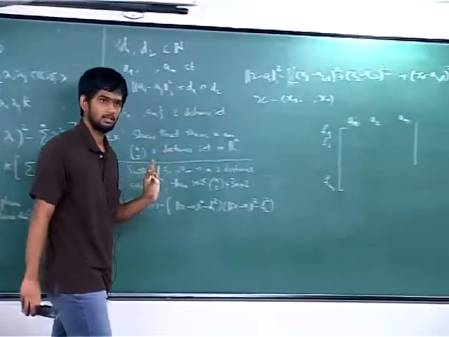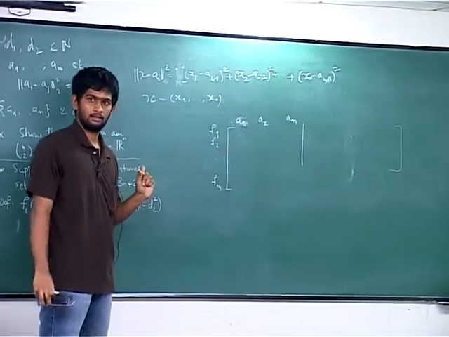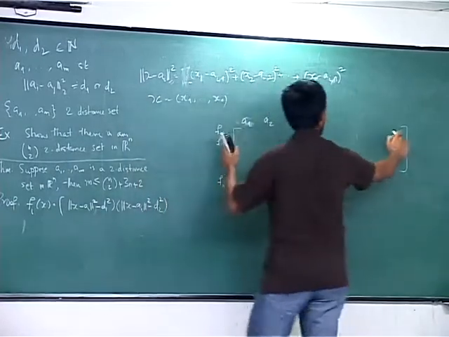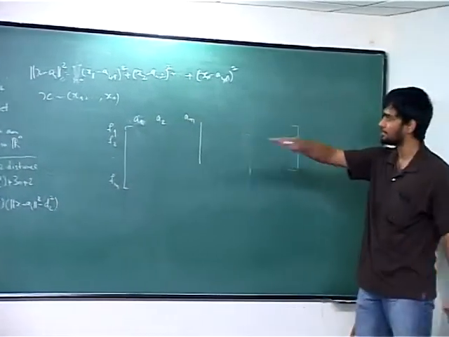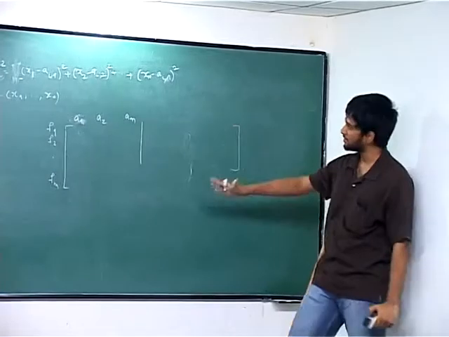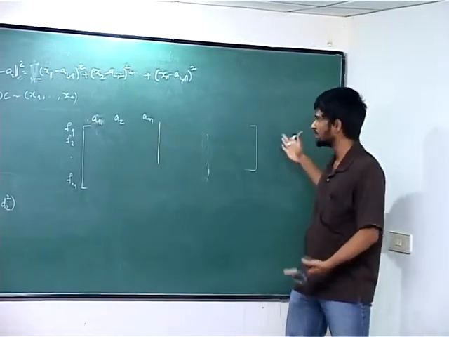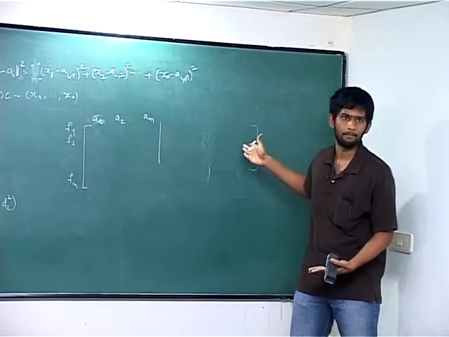Is that clear? Because the first row of this matrix is nothing but F1 evaluated at all the points, and there is even a submatrix sitting here which has rank m. So obviously this whole thing has to have rank m.